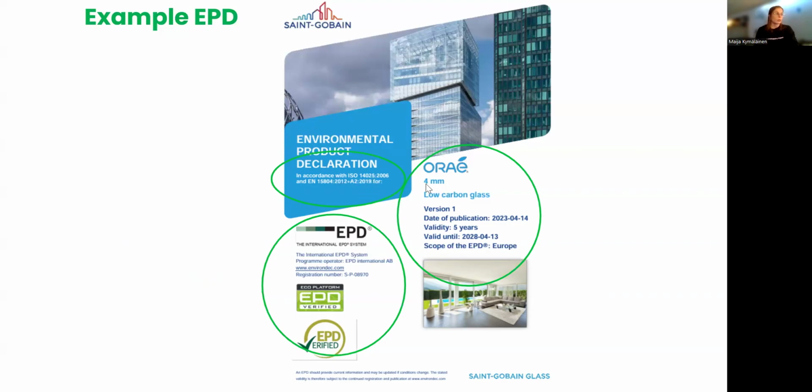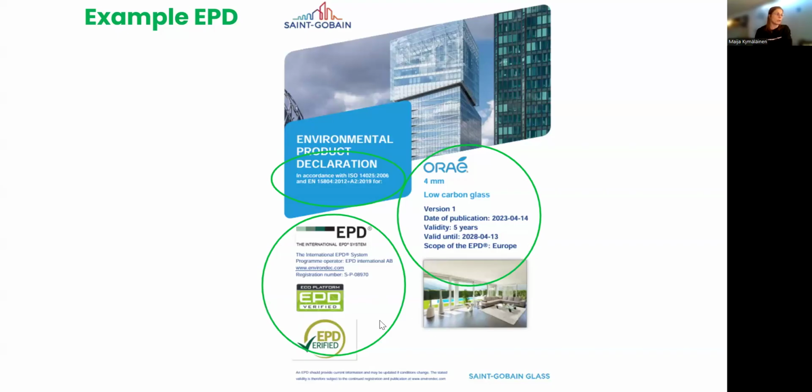Here we have information on the product, so the brand name, if there's some specification for that, and also, very importantly, the date of publication, which defines the validity. And here also we have, for simplicity, the best before date, basically, and also the scope for this EPD, which is pretty good.